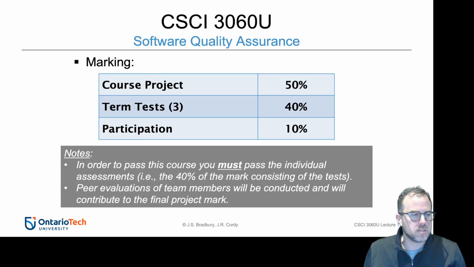Each of those tests is basically going to cover 1/3 of the course. They're not cumulative, so test 2 only covers the second third of the course, and test 3 covers the last third. Each test will be done in class, and that's it. So once I test you on the first third of the course, I'm not testing you again beyond what you have to apply in the course project.